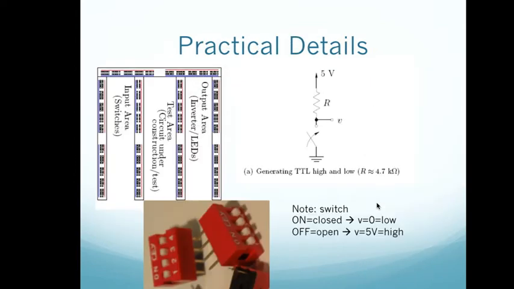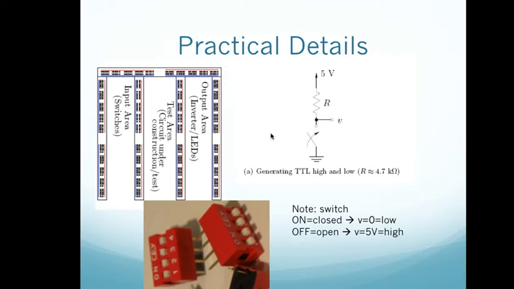So let's look at the practical details of doing these in lab. We ask you to set up your protoboard like this, and this is just to make your life easy for the next couple of weeks. So the input area is going to contain all the switch circuits. If you use this, you'll have 4 switches in a single dual inline package.